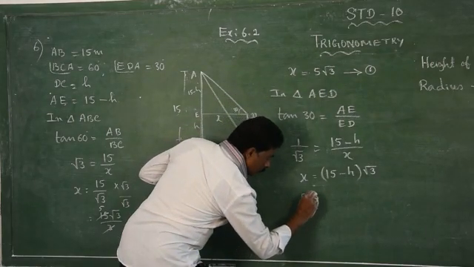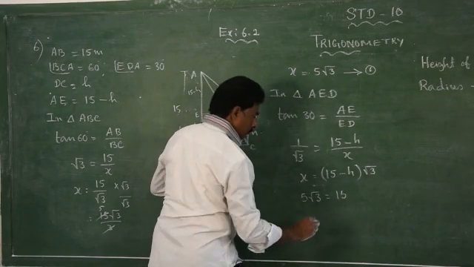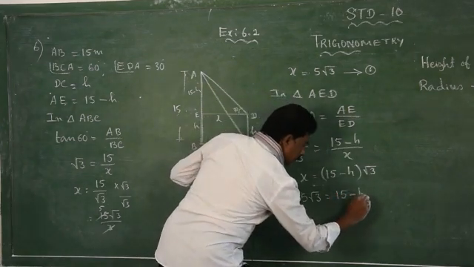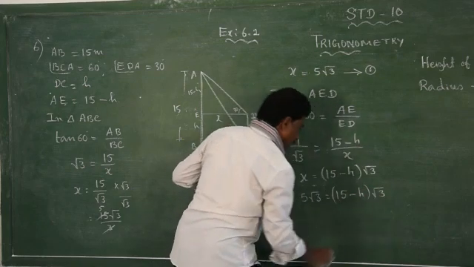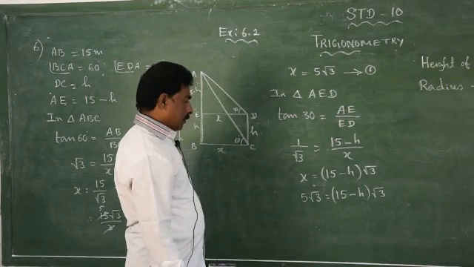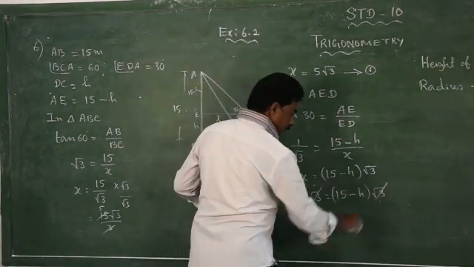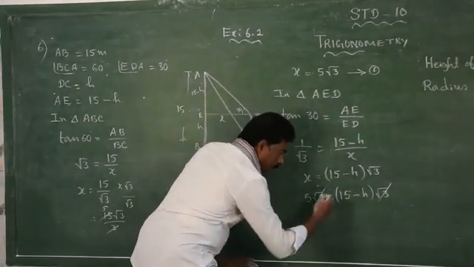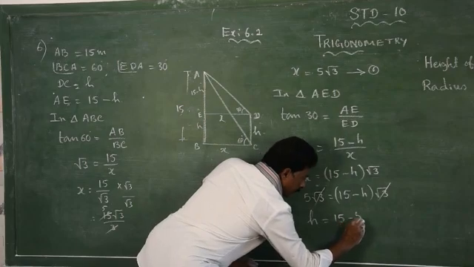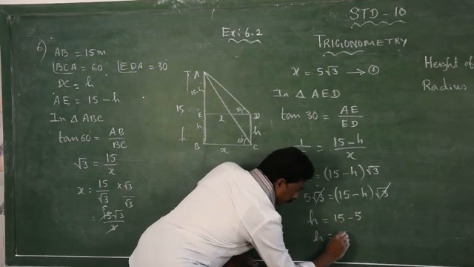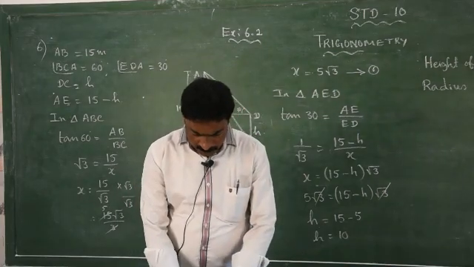So 5 root 3 equals 15 minus H by root 3. Root 3 and root 3 you can cancel. So when you bring H this side, H is equal to 15 minus 5, so H is equal to 10.